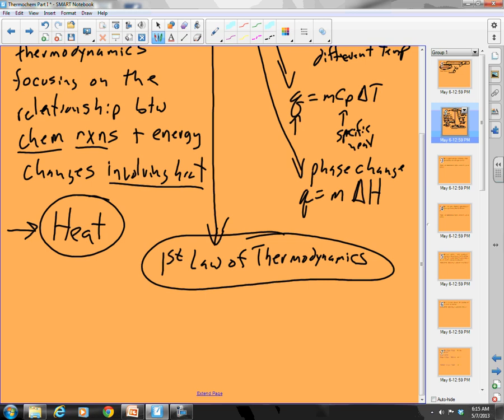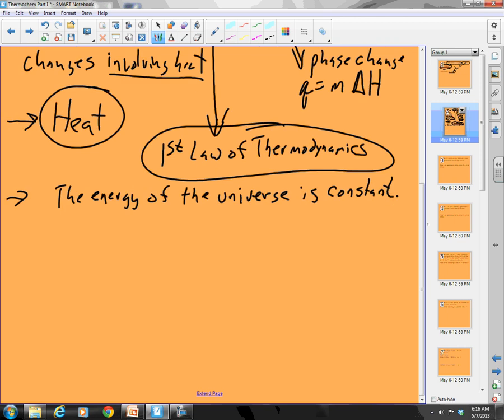It's just that we haven't expressed it as the first law before, and that is that the energy of the universe is constant. Hey, that's an easy thing, right? It's bad news for everybody who wants more energy, who thinks we just need solar or wind and we can use all the energy we want. No, unfortunately, the energy of the universe is constant. You are not going to create energy.